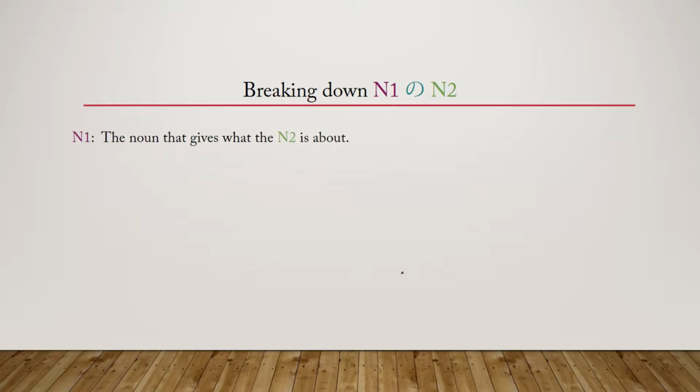So our Noun 1 is going to be the noun that gives what the Noun 2 is about. So, for example, if you said you had a book about Japanese, your Noun 1 is going to be the Japanese part of that, the end part of it. Then your Noun 2 is going to be the object you're talking about. So that would be your book. And what is this book about?